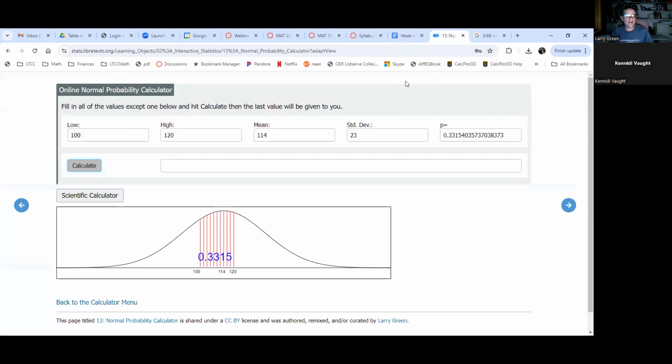So now we just plug in. The low was 200. The high was a bunch of nines. Same mean and standard deviation, P we leave blank. And I hit calculate.